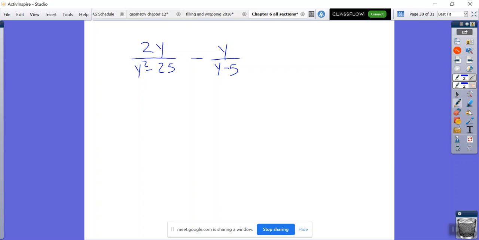So what is factorable? The y squared minus 25. Okay, so what is y squared minus 25 in factored form? y plus 5 and then y minus 5. All right, and this is really convenient because look, we have y minus 5 in it.